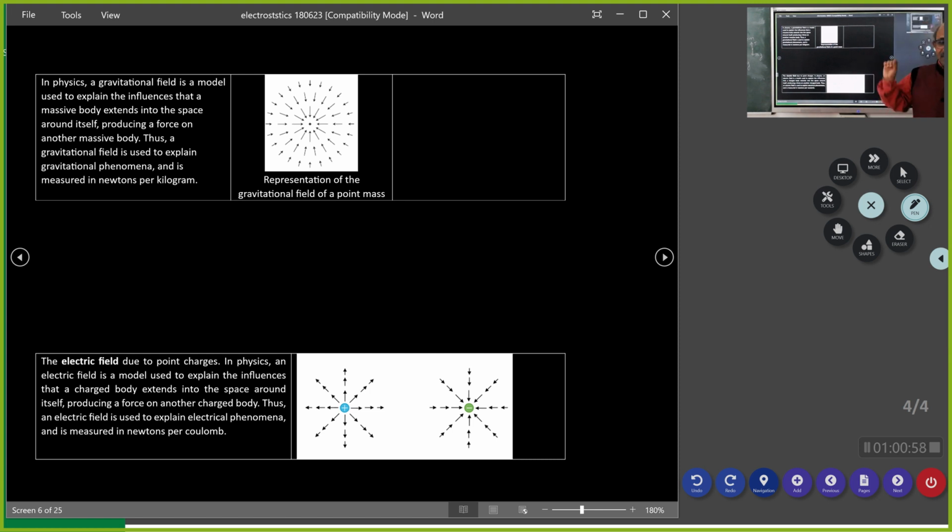So in physics, the gravitational field is a model created to explain the influences that a massive body extends into space around it, producing force on another massive body. That means Earth is producing force on the Moon or any body near it. So this is the model created around the Earth. Thus, the gravitational field is used to explain gravitational phenomena and is measured in newtons per kilogram.